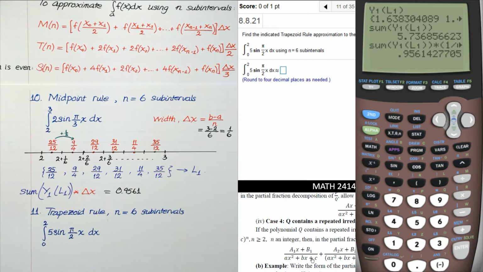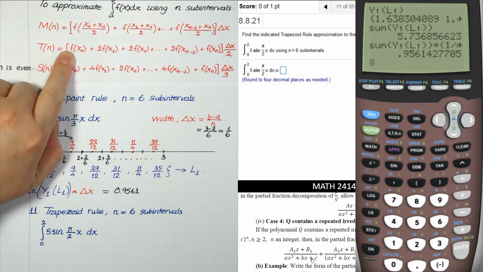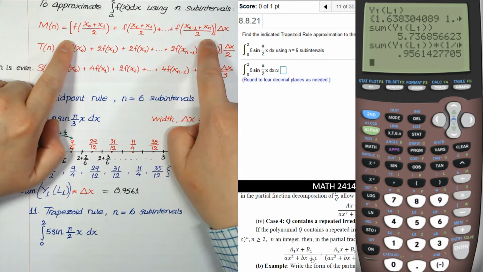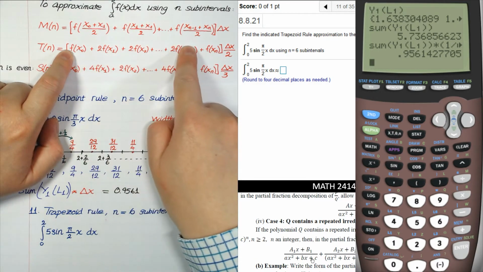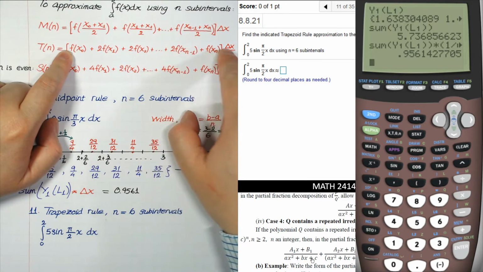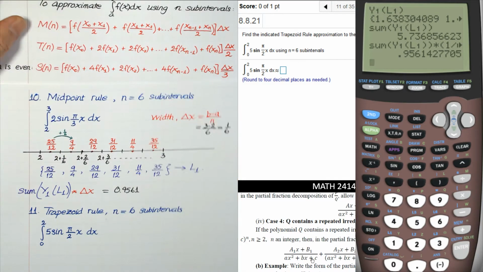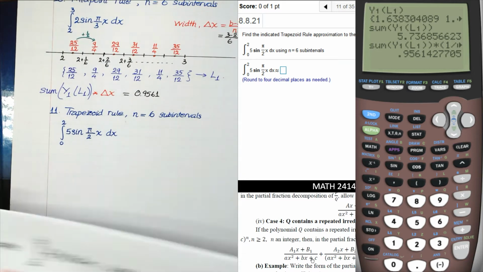Trapezoid rule says the first point and last point, the coefficient is 1. Everything in the middle is 2. But multiply by delta x divided by 2. Keep that in mind.